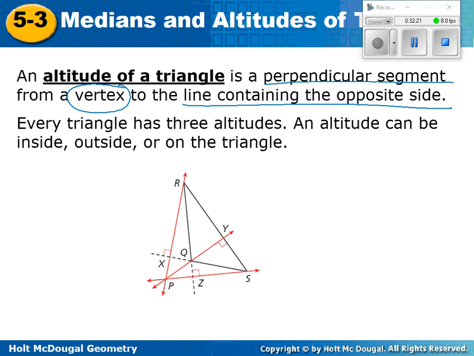So vertex perpendicular, and vertex perpendicular. These would be altitudes. And the altitudes, if you draw them all correctly, should intersect at a common point. And that common point is a point of concurrency. And for the altitudes, we call that the orthocenter. And it is our final point of concurrency.